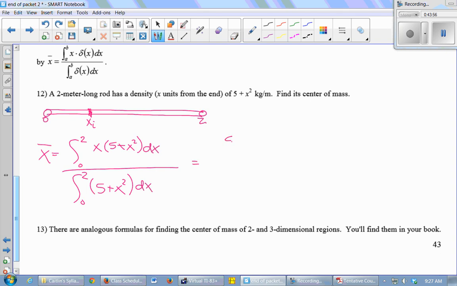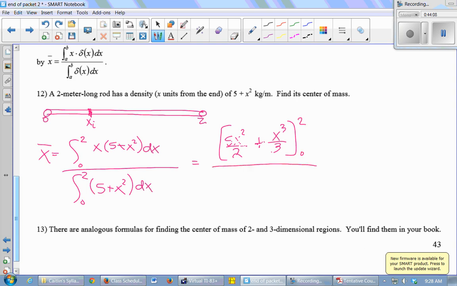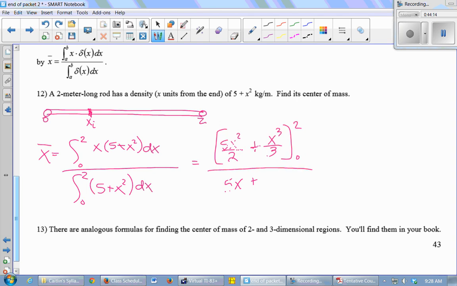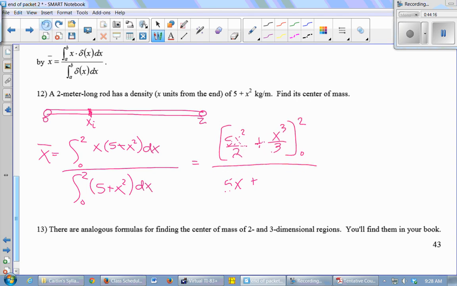So I get 5x squared over 2 plus x cubed over 3, evaluated from 0 to 2, divided by 5x plus x cubed over 3. Distribute that x and you get an x cubed, so that becomes an x to the 4th over 4.